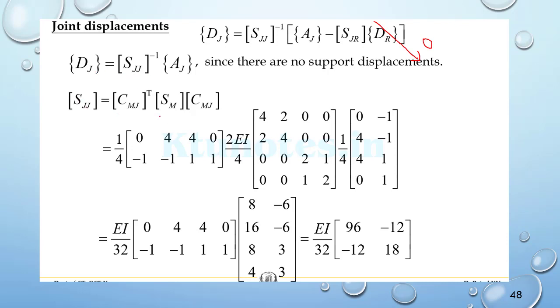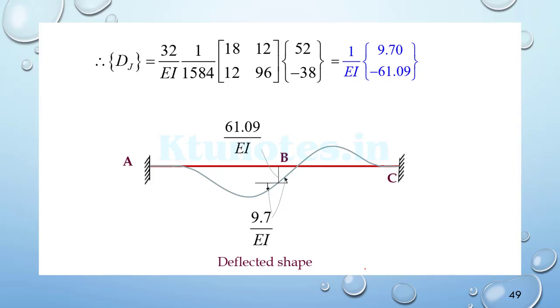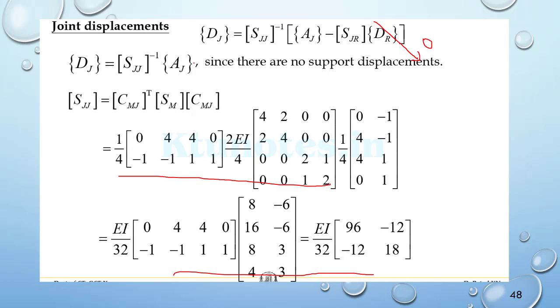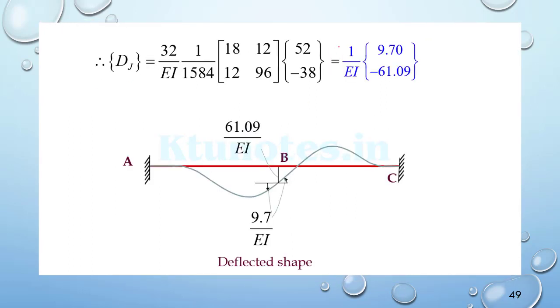Sjj, we know from the previous problem, is Cmj transpose into Sm into Cmj. So the values are directly applied and the resulting values are obtained. Therefore, Dj from Sjj inverse into Aj will give you 1 by EI into 9.70 and minus 61.09.